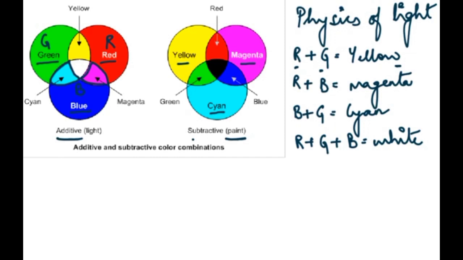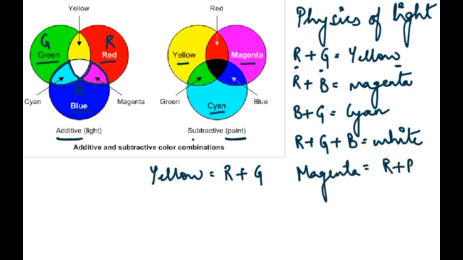How is this happening? Let's have a look. Yellow, see here, yellow is made of red and green, and magenta is made of red and blue. As you see, in both of these, only red is common.